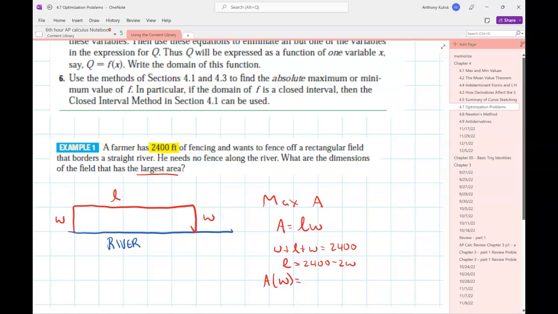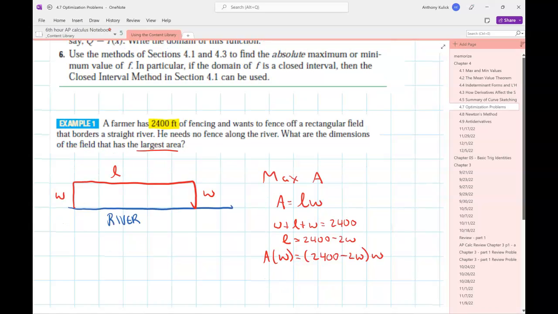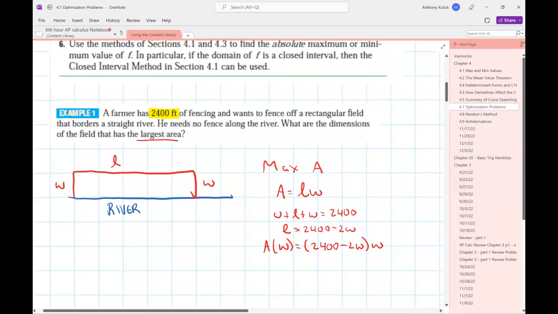So I can say then my area formula now in terms of W, so I'll write it as A of W, is going to be 2,400 minus 2W times W. Okay? Everybody happy with what we've done so far?